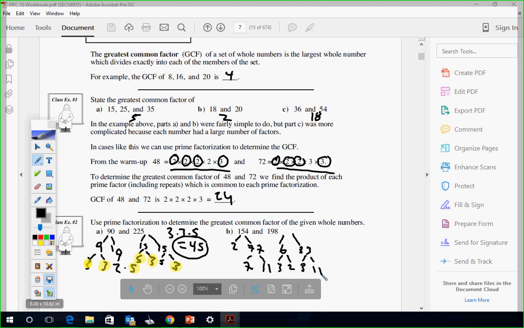Then we go through here. Let's figure out what they have in common. They have a 2, not a 7, and an 11, right? So just 2 and 11. If it's just 2 and 11, that's simply 2 times 11. So 22 is our greatest common factor here.